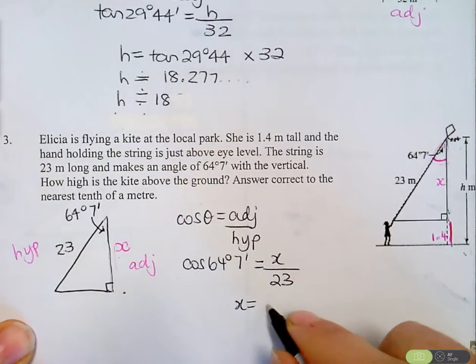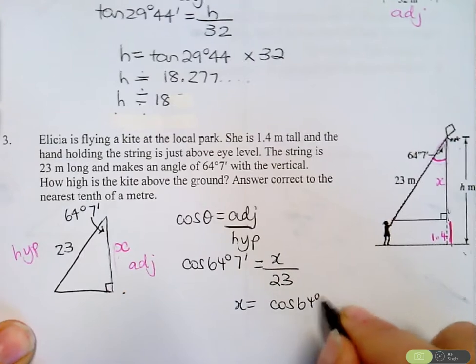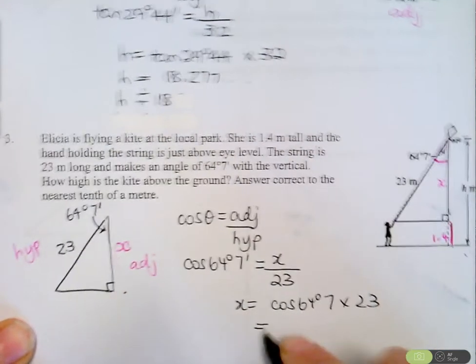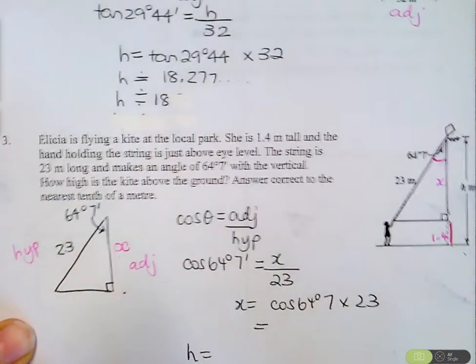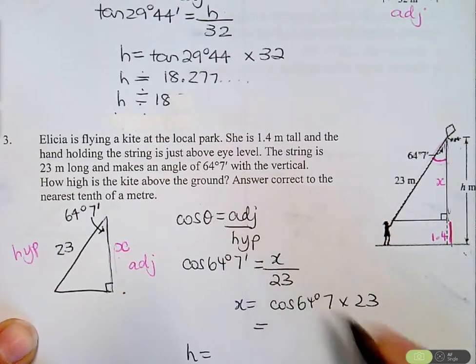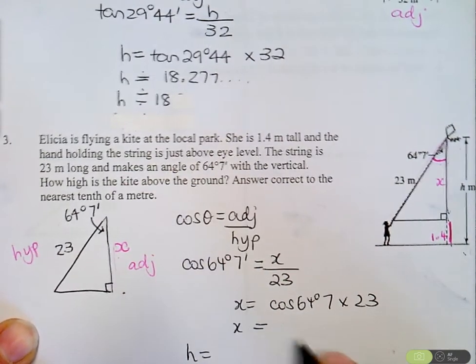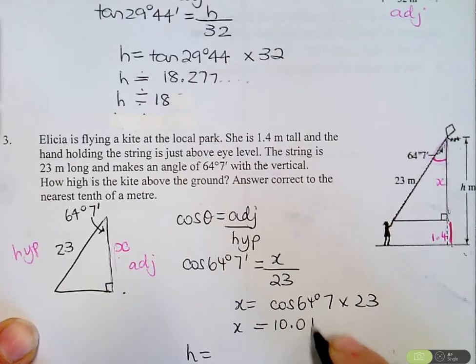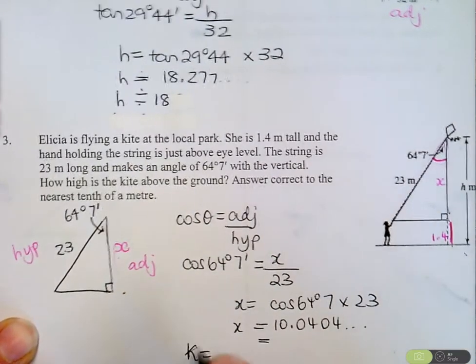So what do you do with the 23? Times, and you get, anyone got an answer? The nearest tenth of a meter, that's the tenths place. Give me one decimal place, in other words. So what's that to the nearest tenth?